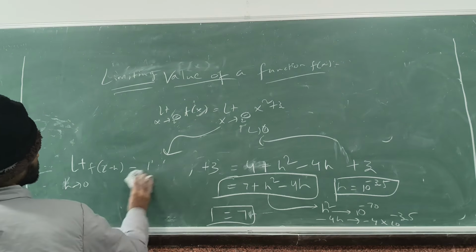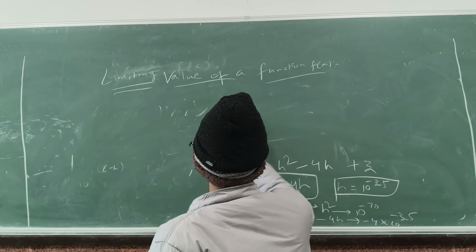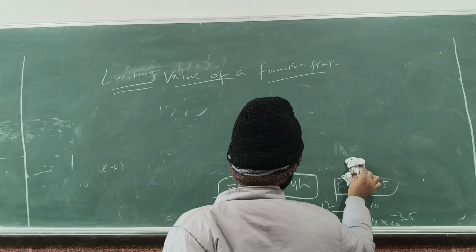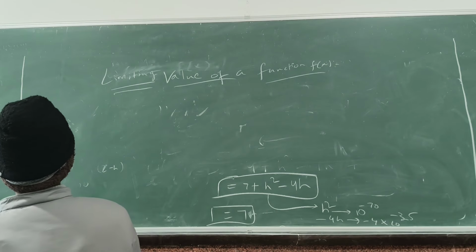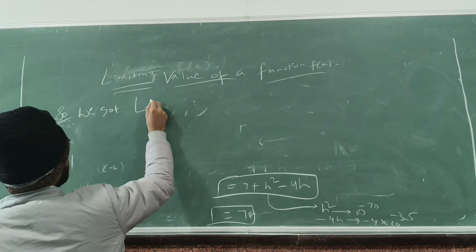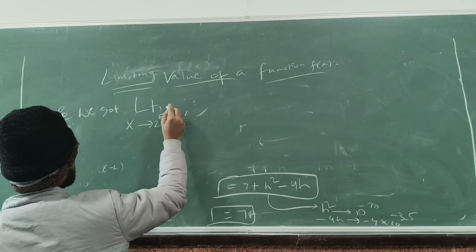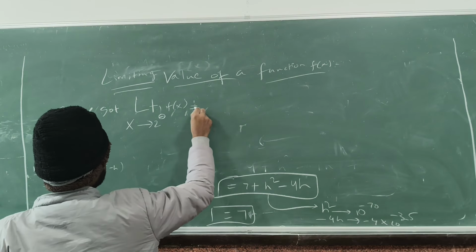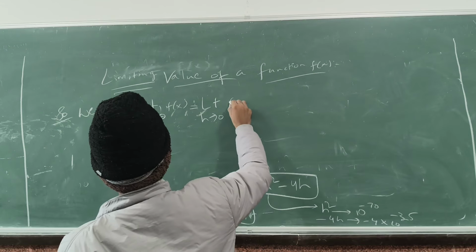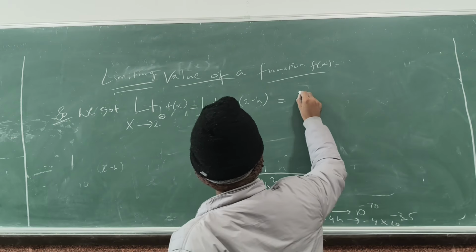So we got limit x tends to 2 minus f of x equals limit h tends to 0 f of 2 minus h equals 7.